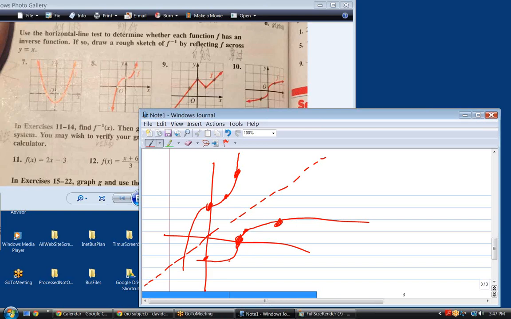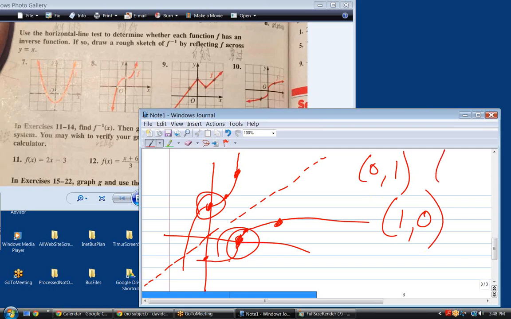Well, this is a reflection over the line y equals x. And the way you do it is you take the coordinates and switch them. This point right here had coordinates of (0, 1), right? So the reflection has coordinates of (1, 0). So (x, y) becomes (y, x).